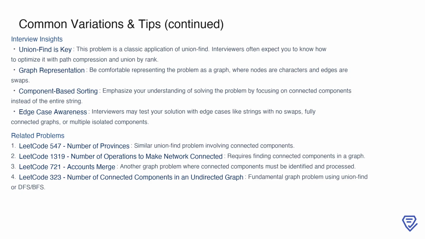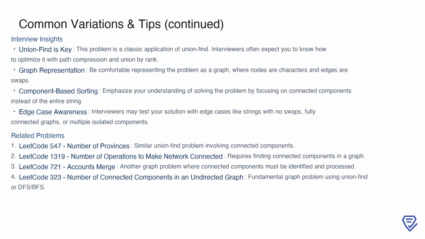Emphasizing your understanding of connected components is key. Solving the problem by focusing on these components rather than the entire string is a critical insight. Additionally, interviewers may test your ability to handle edge cases, such as strings that require no swaps, fully connected graphs, or cases with multiple isolated components.